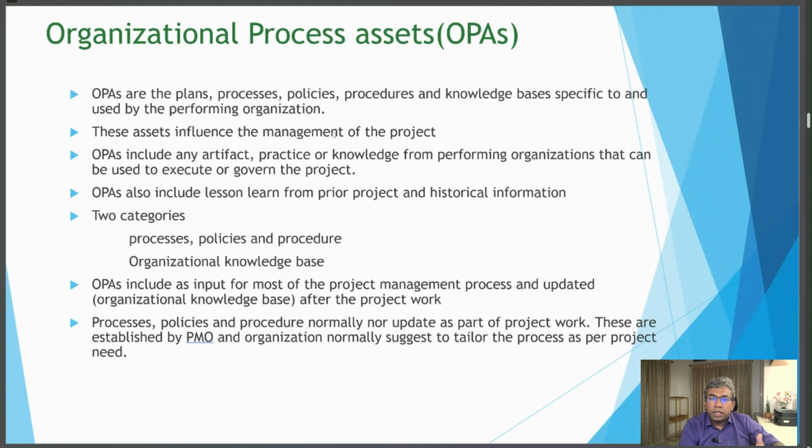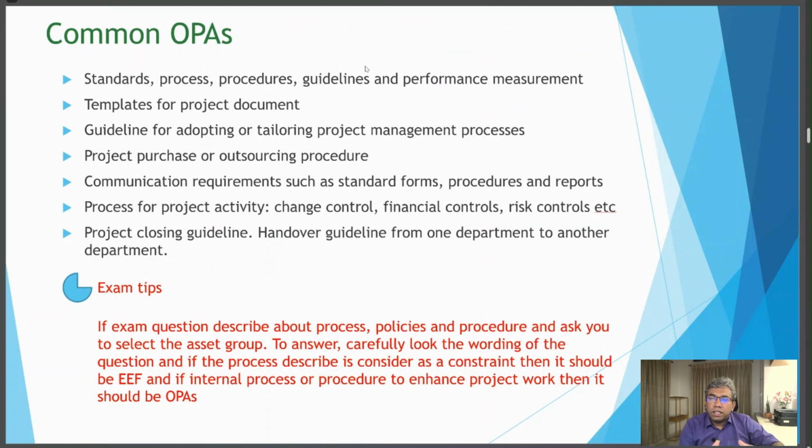Remember one thing: enterprise environmental factors and OPA are normally inputs for most of the planning processes of project management, which I will describe in a later episode, so we will not discuss more about this. Let's give some examples of common OPAs. Normally they are standard processes, procedures, guidelines, and performance measurements which come from your performing organization.